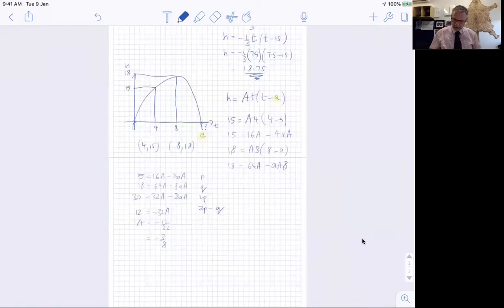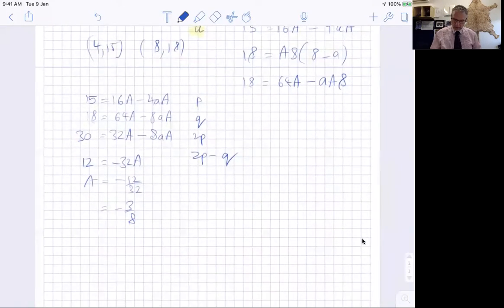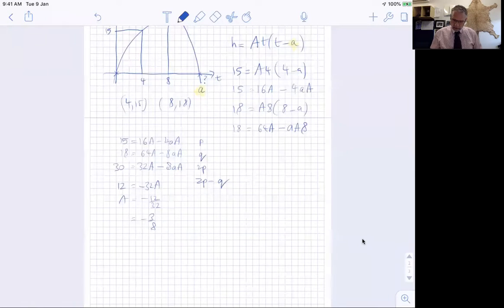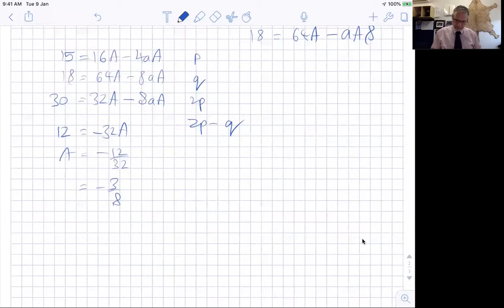We can substitute that into any one of these other equations to calculate what A is equal to. So we can put that into that first one. 15 equals 16A minus 4a times negative 3/8. We multiply that out.